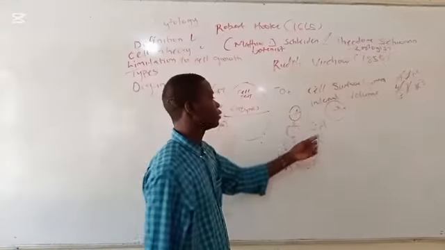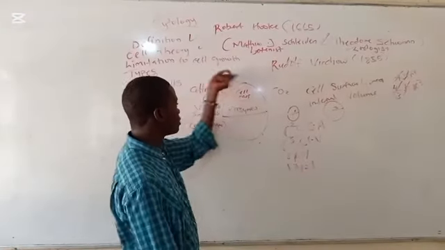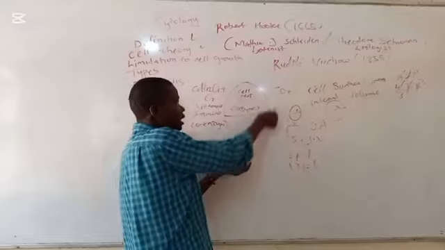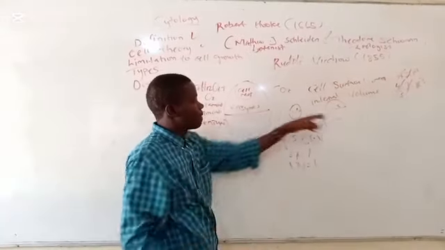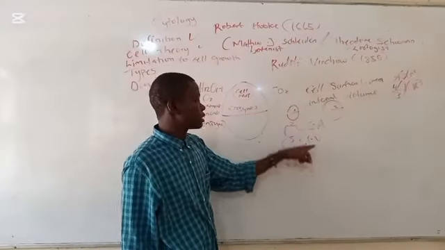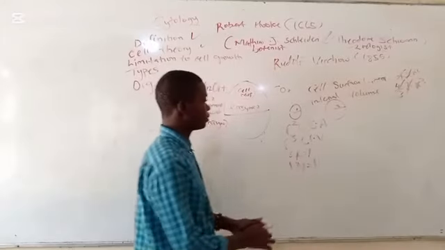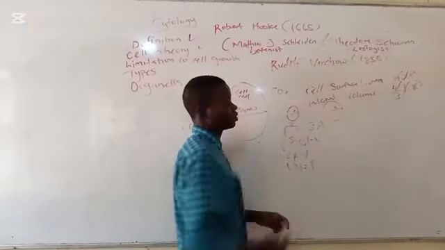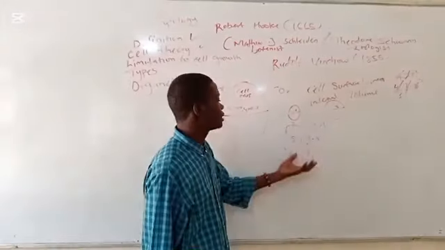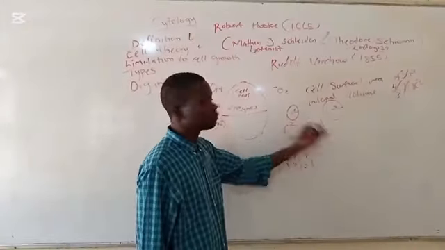And from the formula, if we're calculating the surface area, which is the area of the cell, the radius is squared. Now, the radius is 2, so the surface area will be 2 squared. And 2 squared means 2 times 2, which is equal to 4.